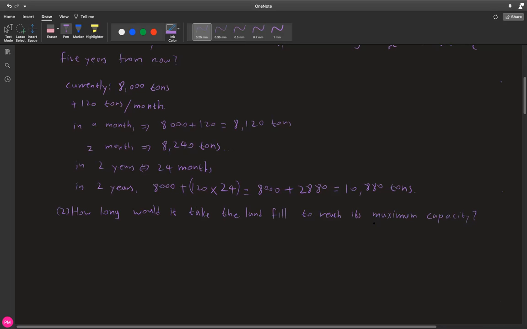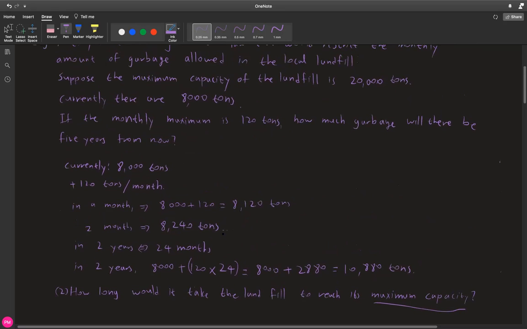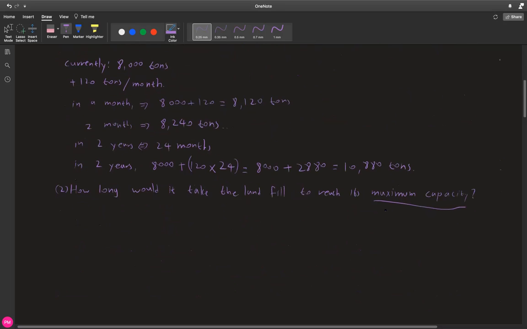So what's the maximum capacity? Up here in the problem, we have established that the maximum capacity of the landfill is 20,000 tons. It's given from the problem.